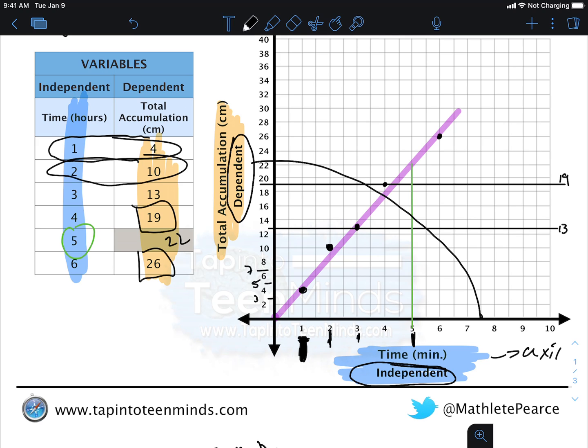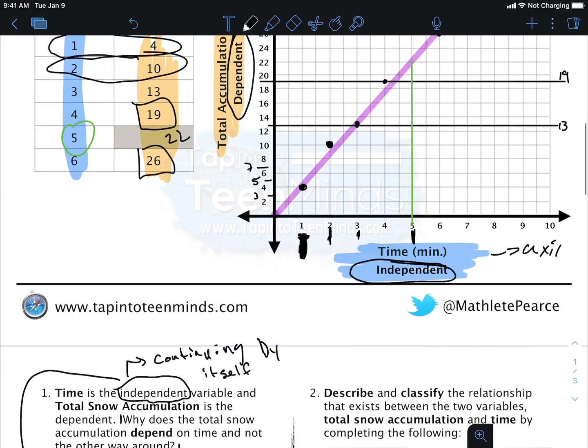No. Do I put the dependent down here and the independent up here? No. The independent one always goes along the horizontal axis, or what we call the x-axis, left to right. The dependent one goes on the y, or the vertical one, the orange. Is that okay?